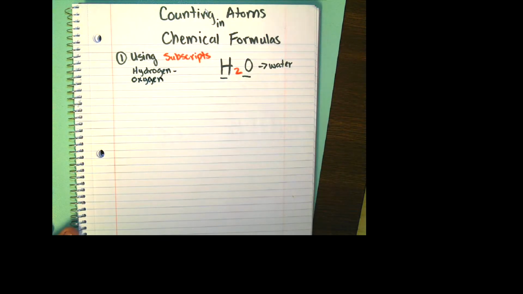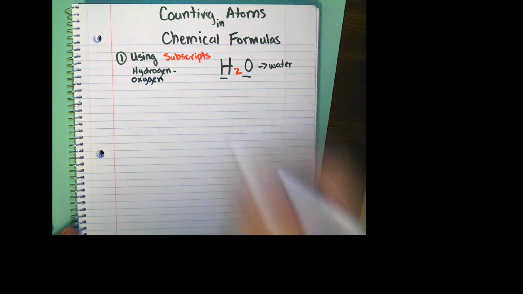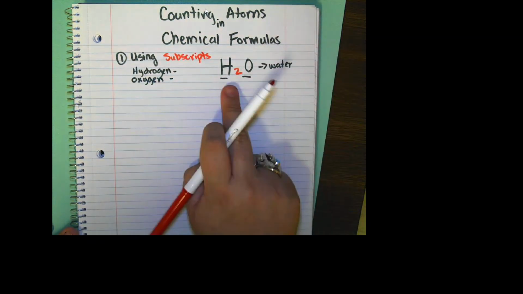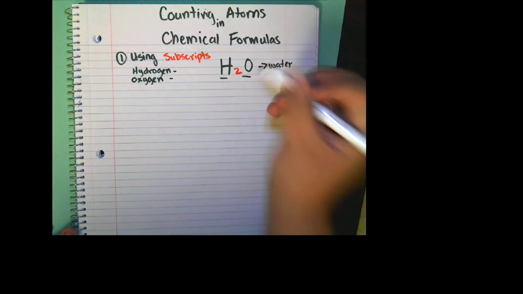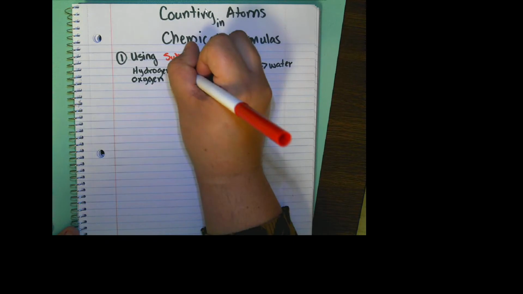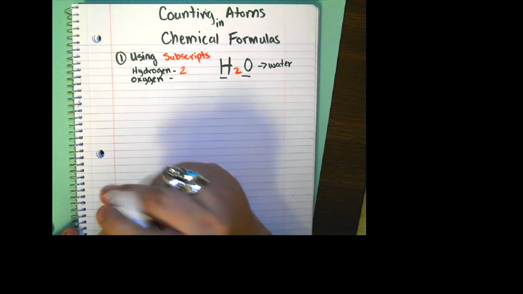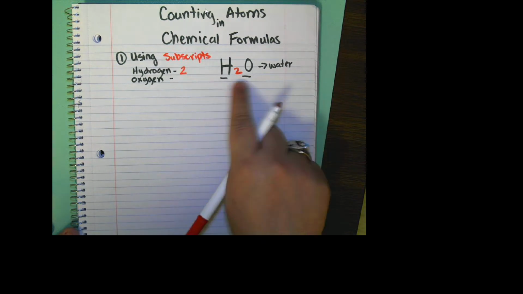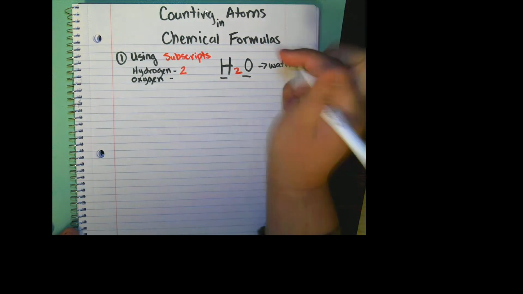Now I'm going to count how many atoms of each. I'm going to look at hydrogen first. There's a small 2 behind it, which is my subscript, which means there are 2 atoms of hydrogen in this chemical formula. Now I'm going to look at my O, and there's nothing behind it.